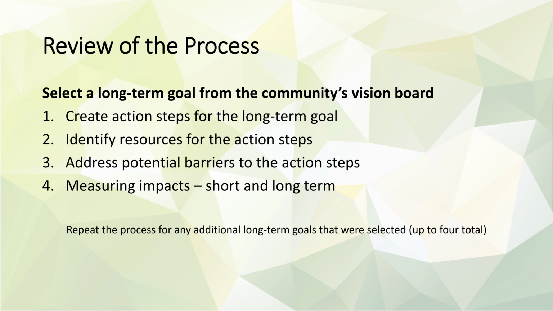You're going to be measuring impact, short and long term, and what you're going to measure, how you're going to measure it, and keeping track of that, so you can always have information on hand about how things are going, and you can really pivot as needed to make sure you reach those long-term goals. And you'll repeat that process for all of the long-term goals you select.